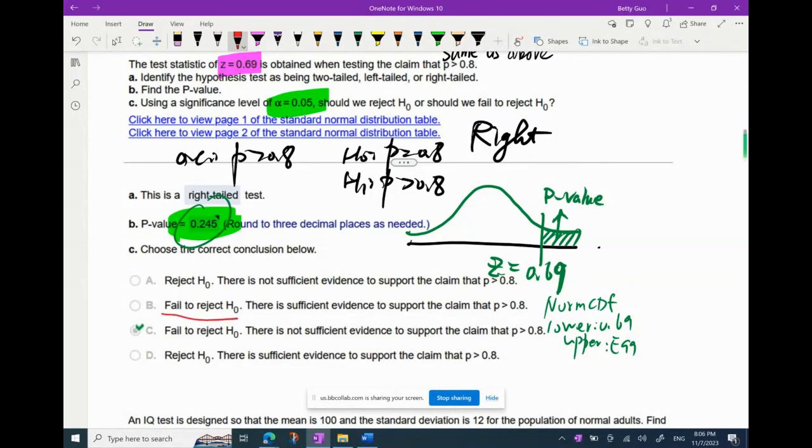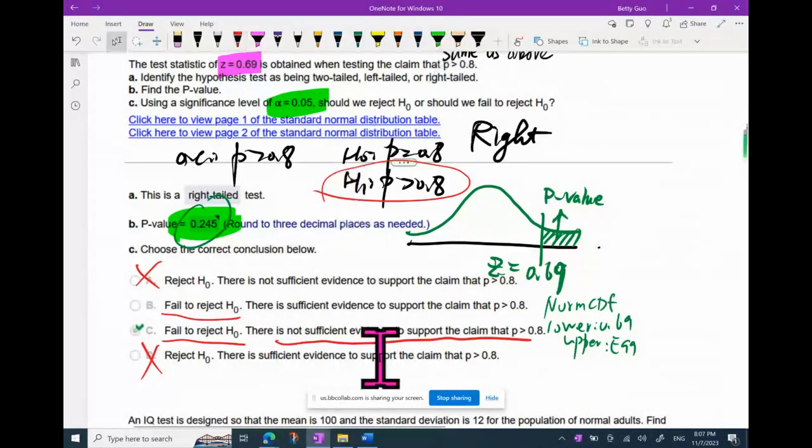These two are out. Then what's the formal conclusion? You fail to reject, and your original claim is bigger than. So you fail to reject the null. That means it's possible the null is right. So you do not have sufficient evidence to support your original claim.